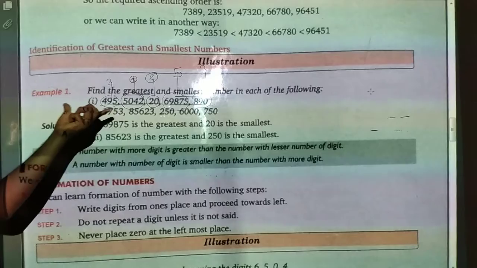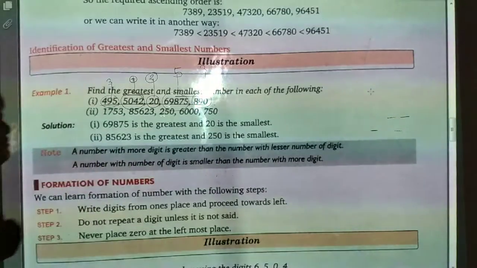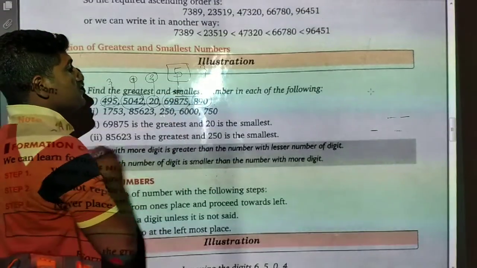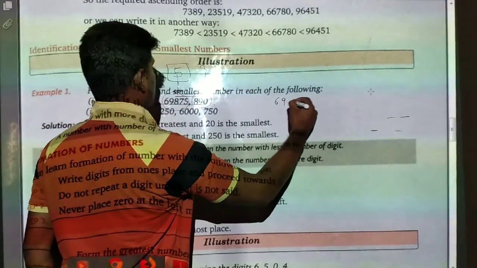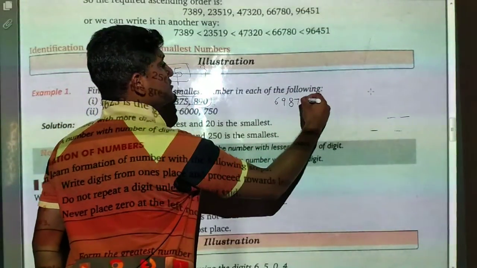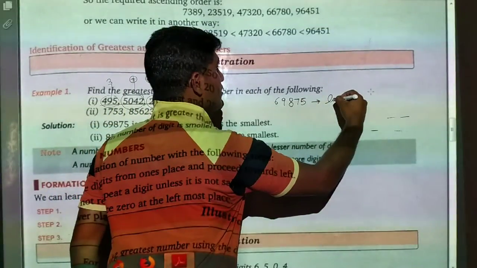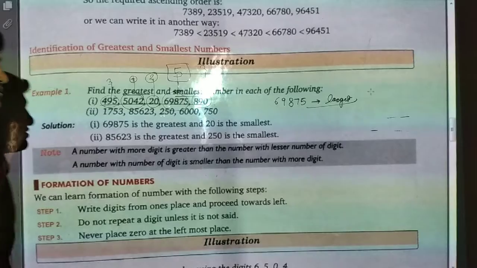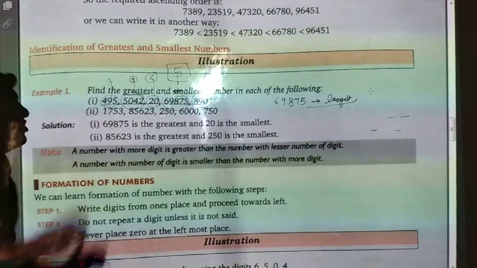The number with the greater number of digits is the 5-digit number. 69,875 is the largest number present in these numerals.